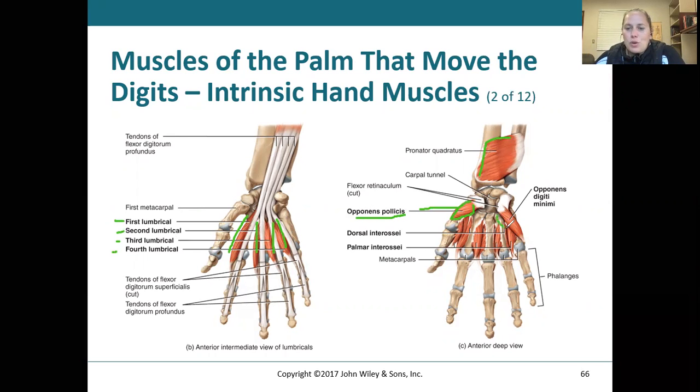Your opponens digiti minimi is located in here, and your palmar interossei are located between those parts of your hand internally, and then your dorsal interossei. Palmar being a little bit farther out, more distal, then your dorsal interossei are a little bit more medial.